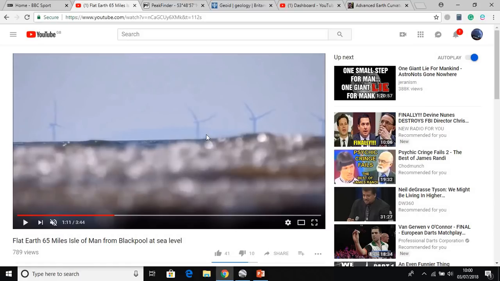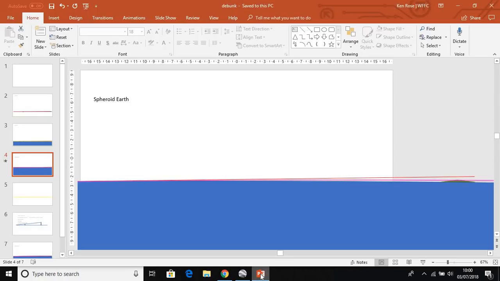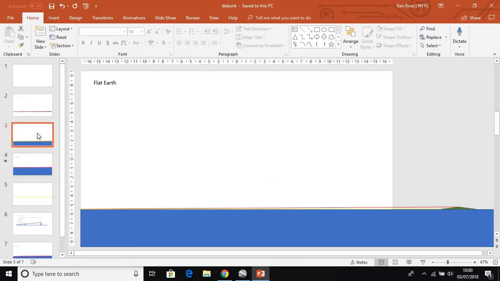Now, I've done a little bit more modeling of this myself. I've tried to do a scale model in PowerPoint. I found the only way to get it onto a single page was to have the scale so dramatic that it would be impossible to see anything at all, even zoomed in. And I can't put this on full screen because I'll only get the bit that's on the white square.